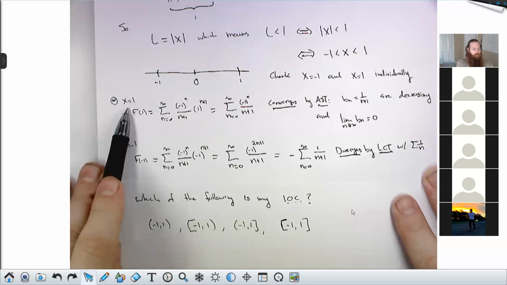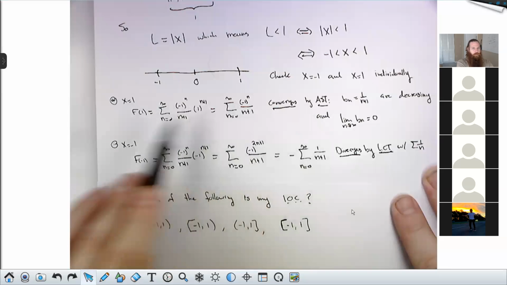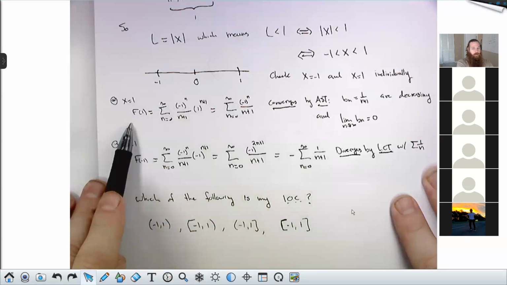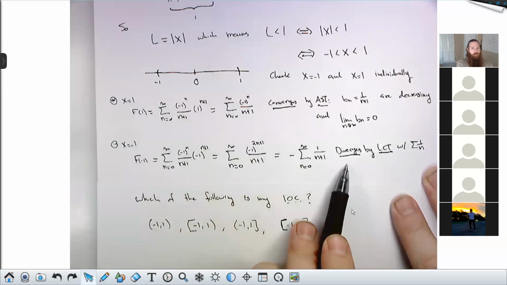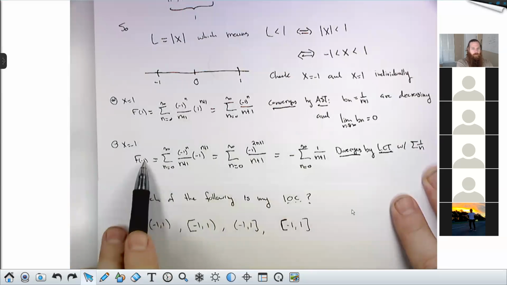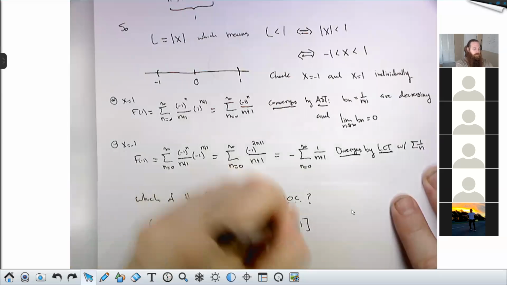Well, my series converges when x is equal to 1, which means 1 has to be in my IOC. So it's either this guy or this guy. These are the only two that contain 1. Would it be the third one? Yeah, good. And the series diverges when x is equal to -1. So it can't be this guy. It's got to be this fellow.